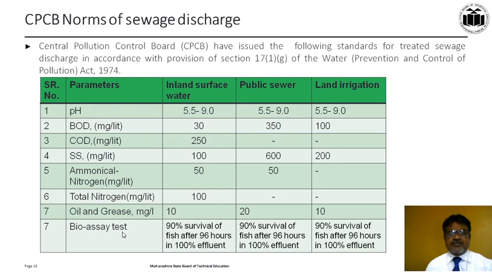The bioassay test is also done for discharging the effluent in these three cases. First, for inland surface water, 90% survival of fish after 96 hours in 100% effluent. For public sewer, 90% survival of fish after 96 hours in 100% effluent. And for land irrigation also, 90% survival of the fish after 96 hours in 100% effluent.